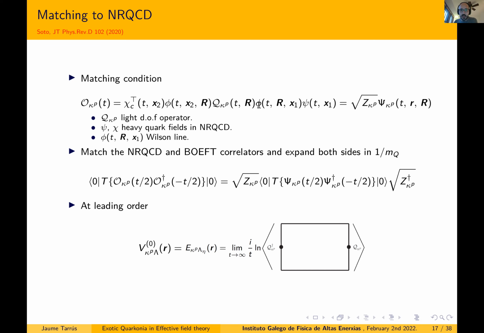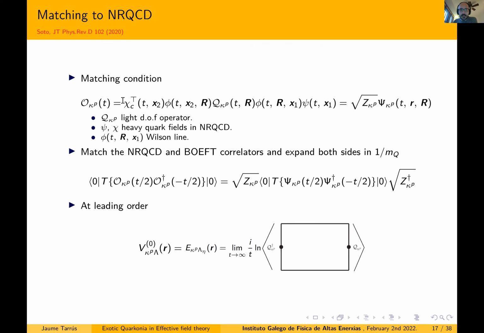And in the center of mass, we place an operator depending only on the light degrees of freedom with the appropriate quantum numbers. This is a normalization, which is in principle unknown and needs to be determined too, but we will not need it for what I want to show at the moment.